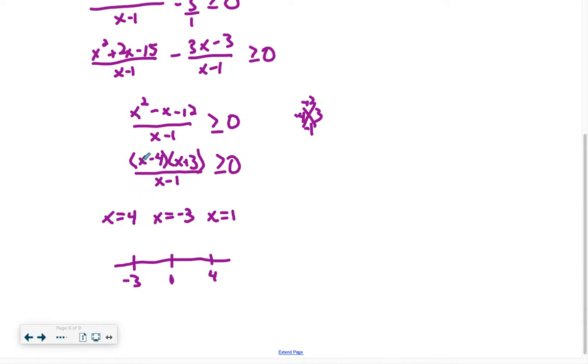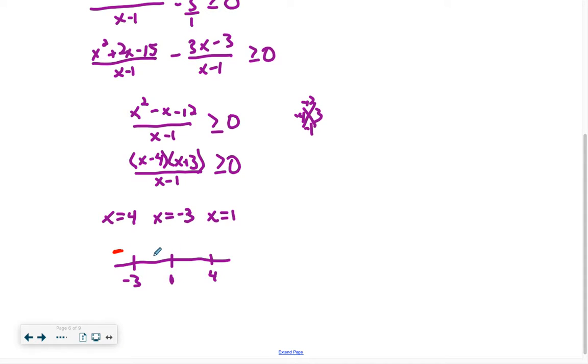So I would have negative 4 minus 4 would be negative. Negative 4 plus 3 would be negative. So negative times a negative over negative 4 minus 1 would be negative. So I've got a negative times a negative divided by a negative. That's 3 negative signs. So that means that's going to be a negative.